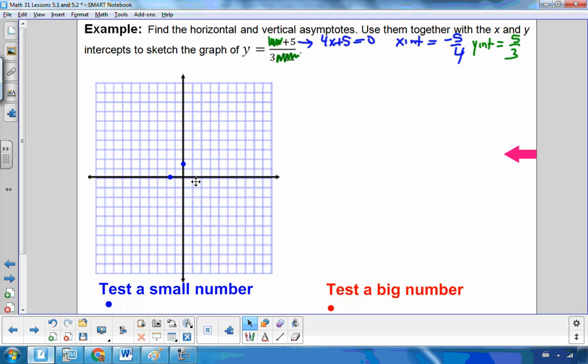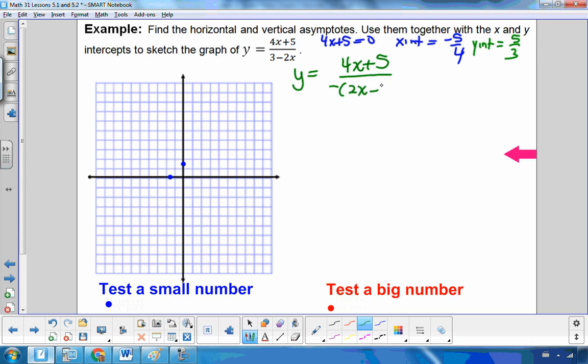Now I want to figure out my horizontal asymptote and my vertical asymptote. So let's start with the vertical asymptote first. Looking at my function, the first thing I'm going to do is factor the negative so that my leading coefficient in my denominator is positive.